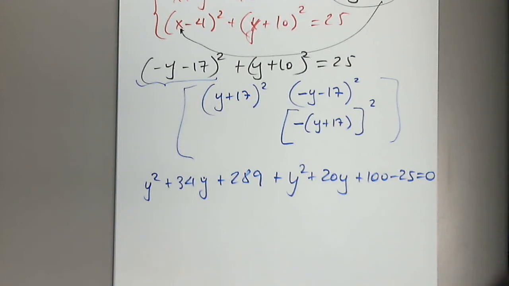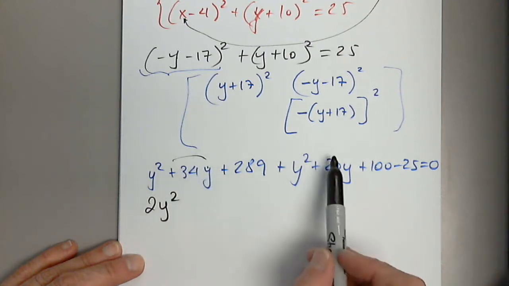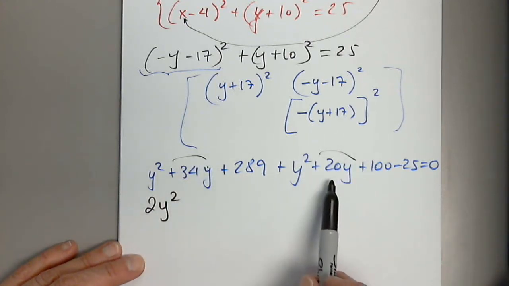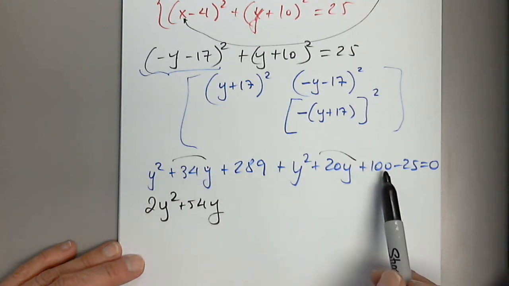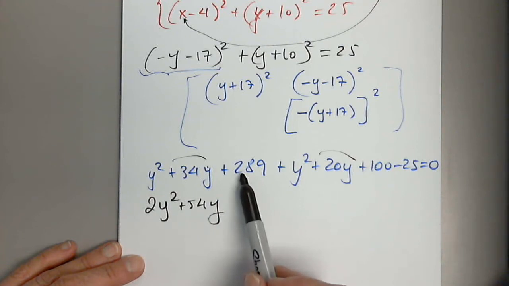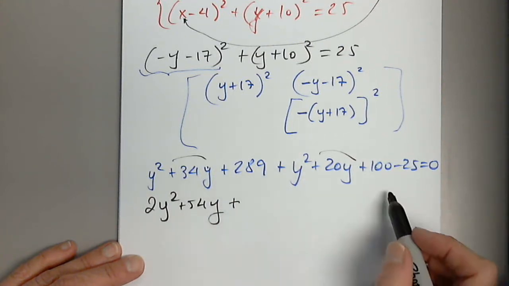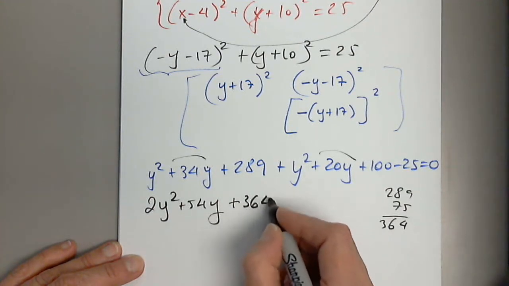Okay. So now I have to combine like terms. So 2y squared. And then I have to combine these two, 34 and 20, so this is 54y. And then I have 100 minus 25, which is 75, and 75 added to 289 is 364.